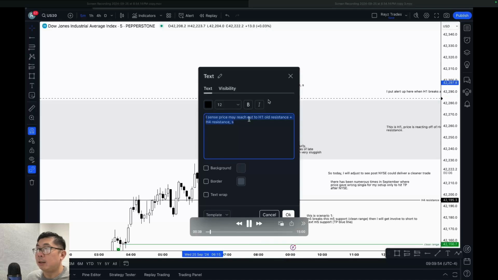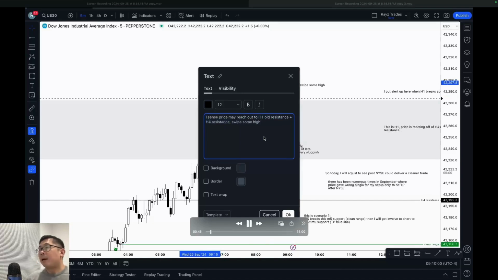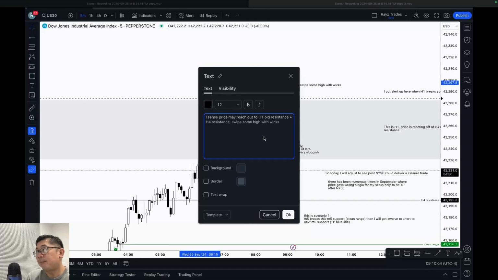Some high time frame, all-time high traders, for breakout. The swing traders swipe some highs with wicks, faking out the high time frame all-time high traders.